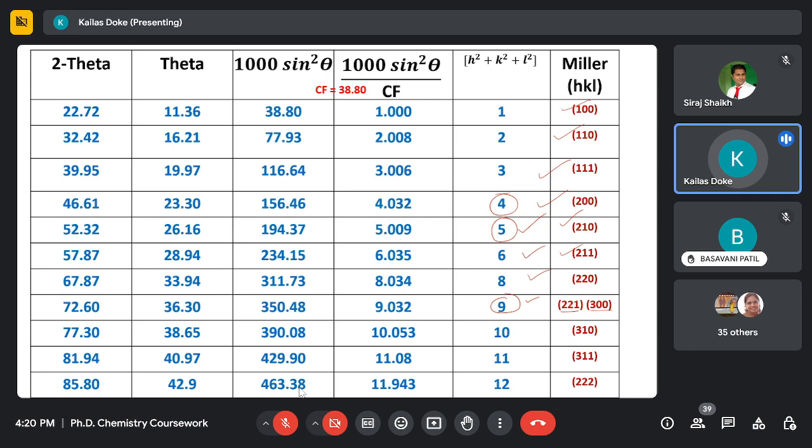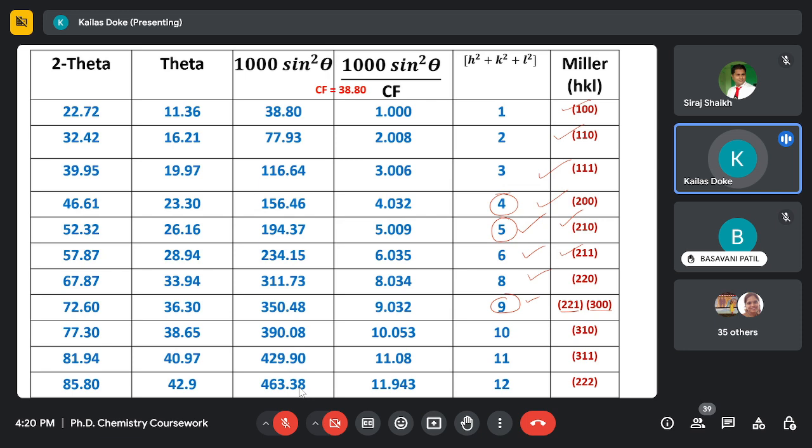So this peak can be indexed as 221 or 300. Both have the same meaning. Then for the next, 10 has only one possibility, 310. 11 has only one possibility, 311. 12 has only one possibility, 222.